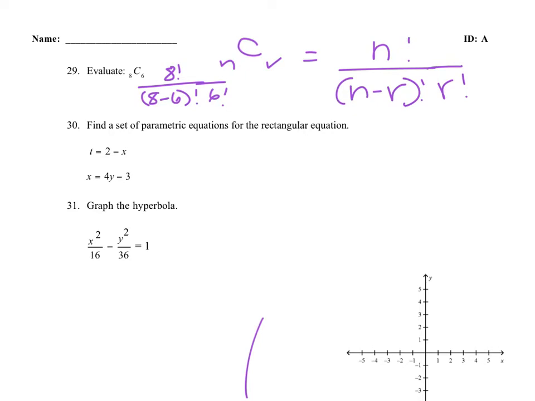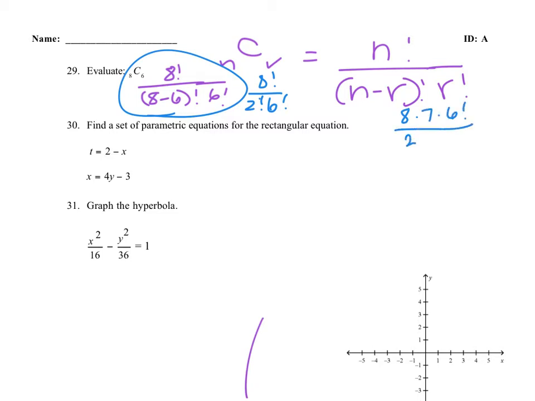So again, you would just simplify this out, 8 factorial over 2 factorial times 6 factorial, and then break that down. So that would be 8 times 7 times 6 factorial over 2 times 1 times 6 factorial. These are going to cancel. 2 goes in 8 4 times, and this would be 28. Or let your calculator do the work if it's got the exclamation mark.